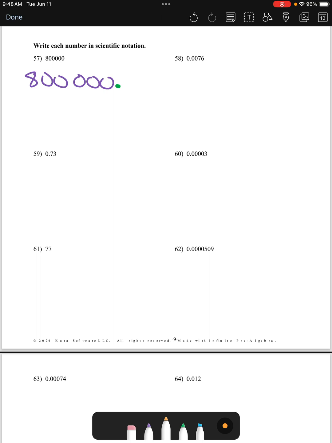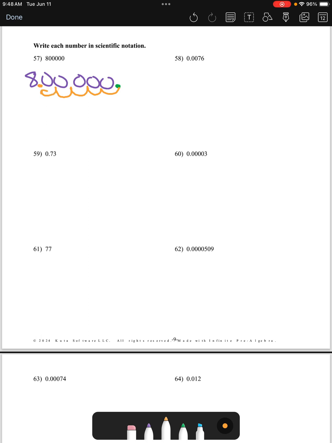We want to put the decimal point so that there is one number in front of it that is not zero. So where is that in this number? It would be after the 8. There is now one number to the left of my decimal point that is not zero. So I know where the decimal point is, and I know where it needs to be.